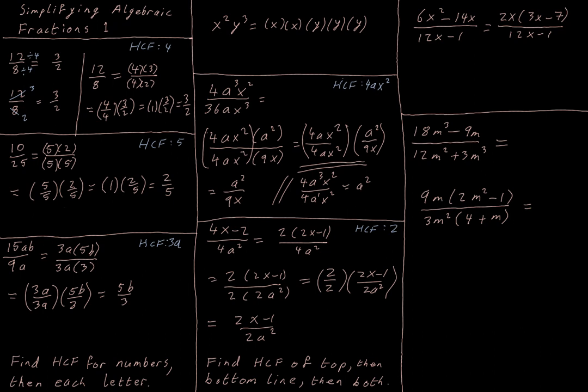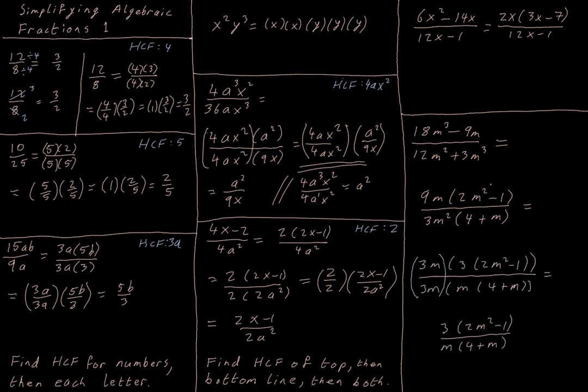What is the highest common factor between these two now that we can see they're the highest common factor on the top line? Now you can do this all in one go. You end up with 3m as being the highest common factor, but this can be quite hard to see just trying to do it with all 4 terms. So we can do it in 2 steps. We divide 3m by 3m and get 1, and this is our final answer. And that is what we need for now.